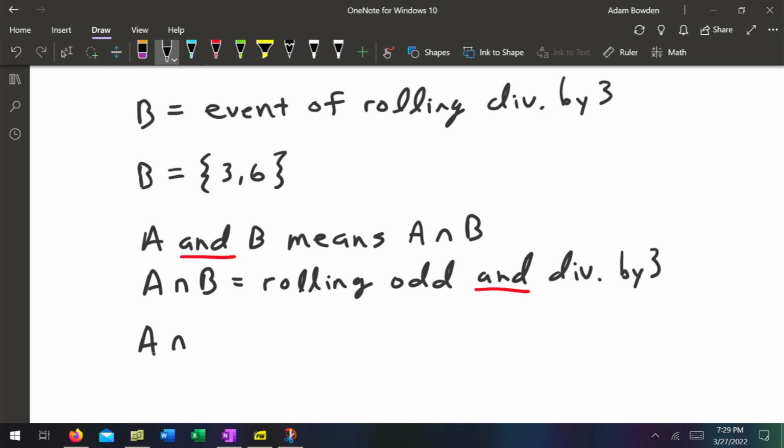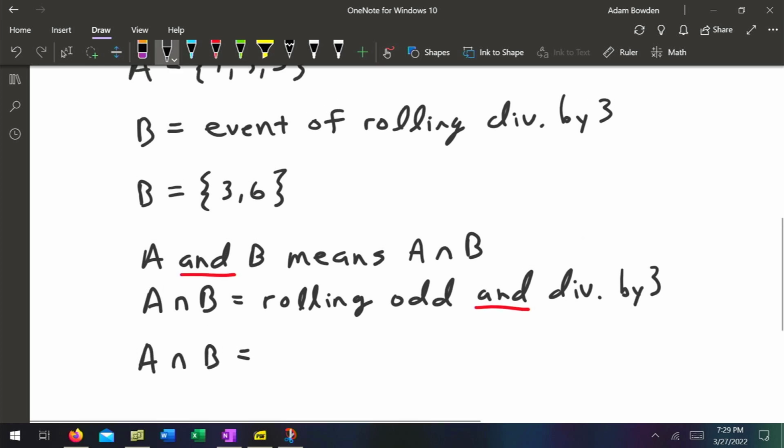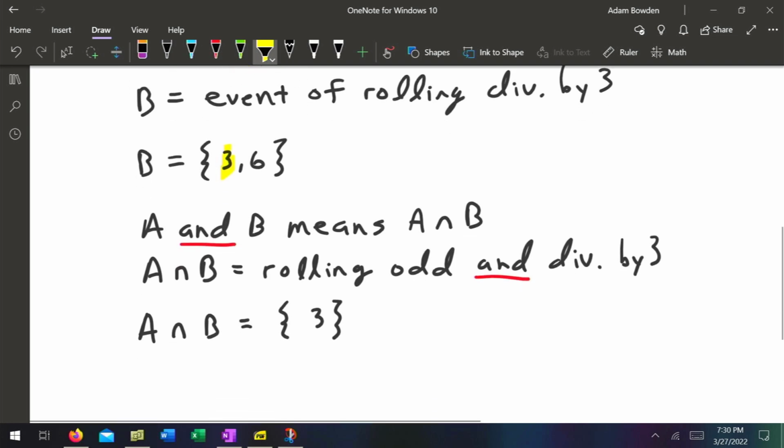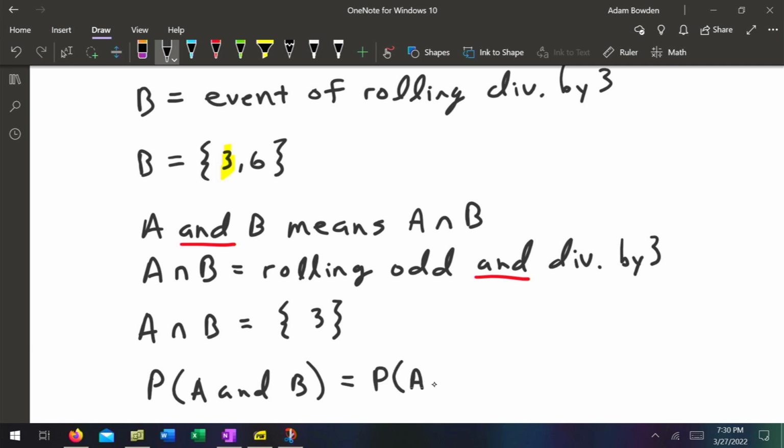So for A intersect B, what are the possible outcomes for both odd and divisible by 3? If we look at the numbers above, there's only one that they have in common, and that is 3, both odd and divisible by 3. So there's only one possible outcome for the event A and B. So the probability of A and B happening together, in other words the probability of A intersect B, is one outcome out of 6 possible outcomes, or 1/6.